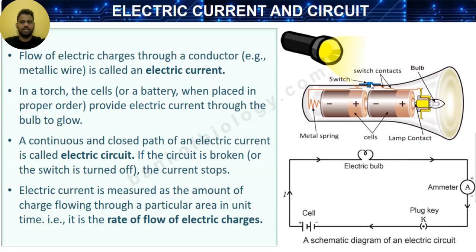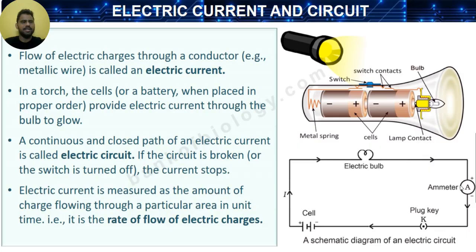So we have a switch. When we switch on, the bulb glows, which signifies the flow of electric current through the metal spring, and because of these two cells, the batteries. Okay, this is the schematic diagram of an electric circuit. We have a cell, we have a flow of electric current, the electric bulb lights up, and there is an ammeter.